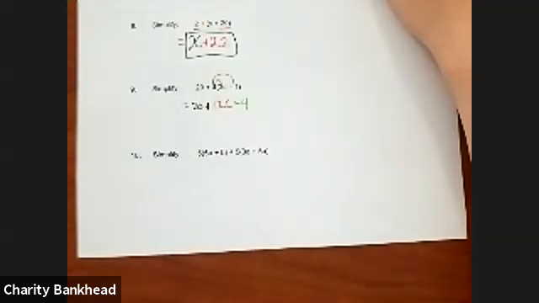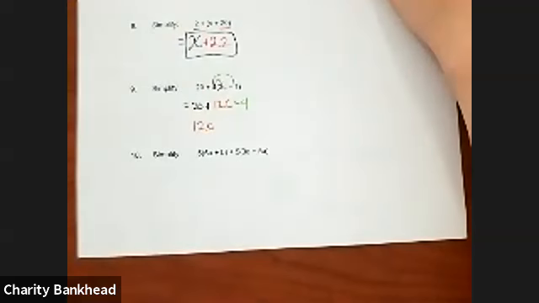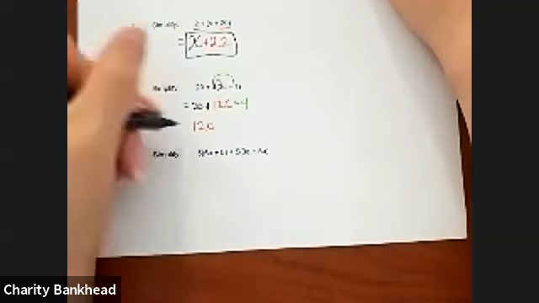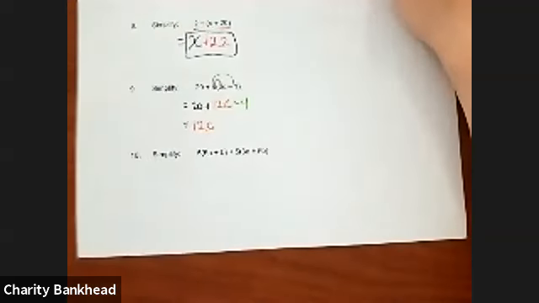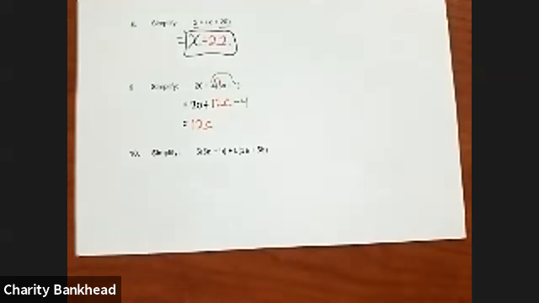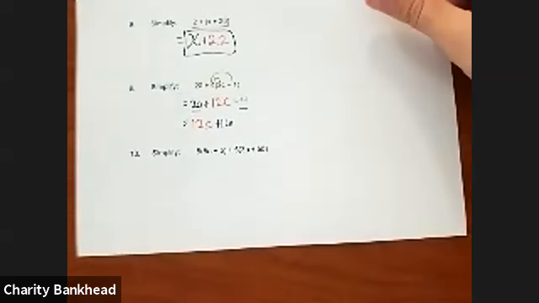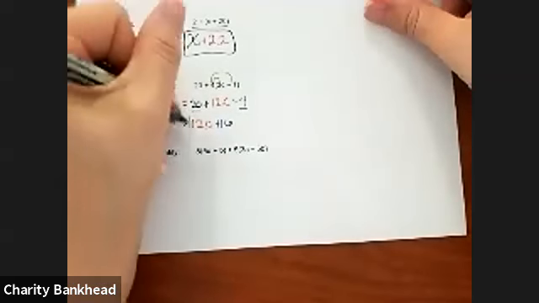And then I'll bring down 12c because it doesn't have any like terms to combine with it. And then I'm going to combine the constants, which is 20 minus 4, which equals positive 16. So my final answer for that one is 12c plus 16.